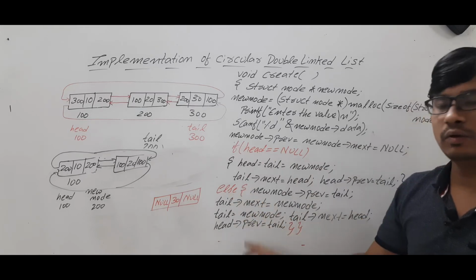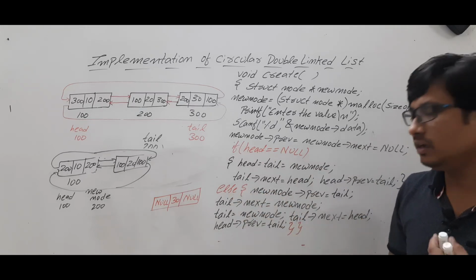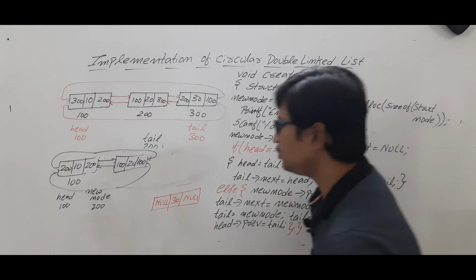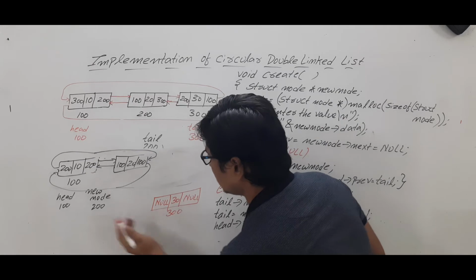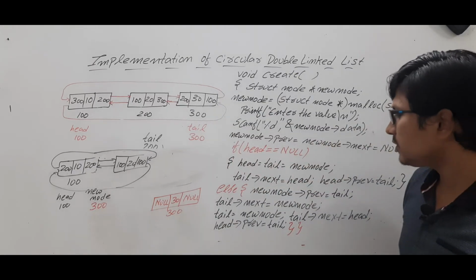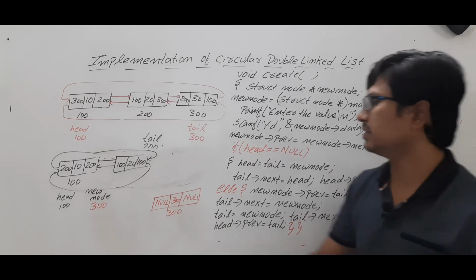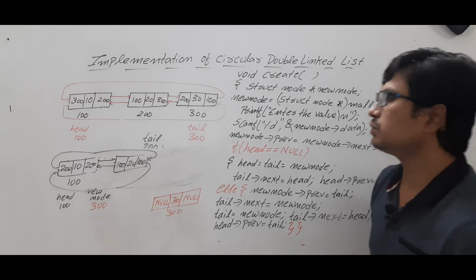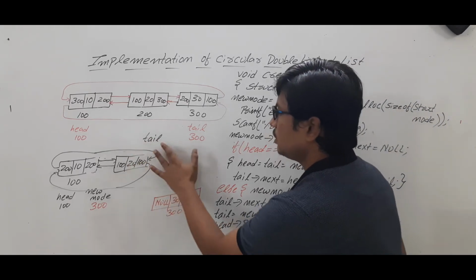Now look at what statements we need to execute in the else block. New node of previous, new node. Now let's take that this address is 300. Now new node will consist of 300. Okay, now new node of previous, 300 of previous, is equal to tail. Tail consists of 200.